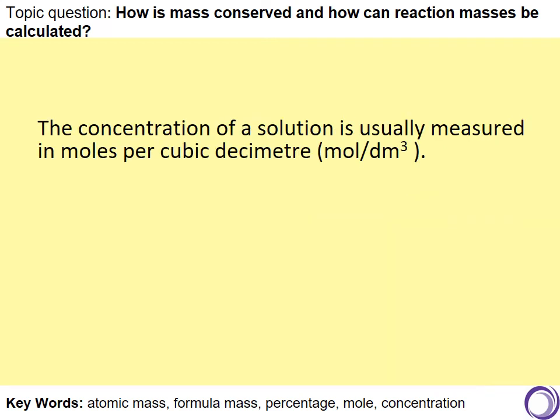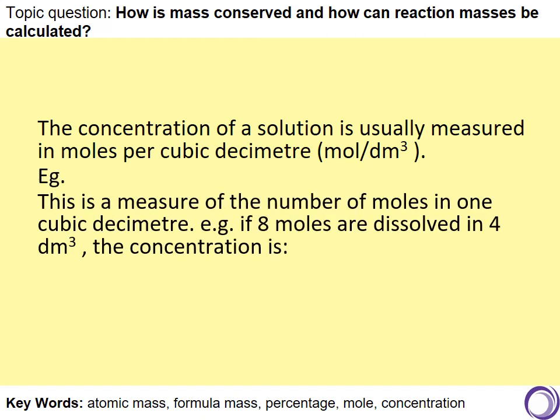The concentration of a solution is measured in moles per cubic decimetre, or moles per decimetre cubed. So for example, if I had 8 moles dissolved in 4 decimetres cubed, the concentration would be 8 divided by 4, or in other words 2 moles per decimetre cubed.